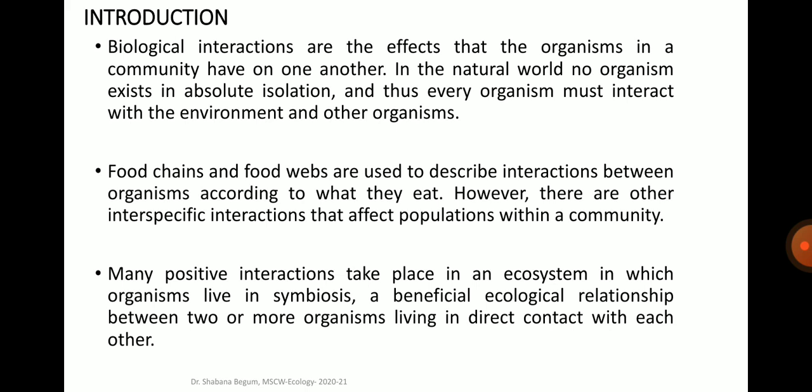So many positive interactions take place in an ecosystem in which organisms live in symbiosis, a beneficial ecological relationship between two or more organisms living in direct contact with each other.